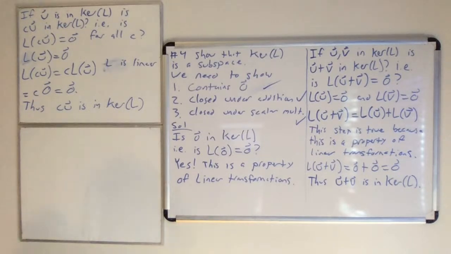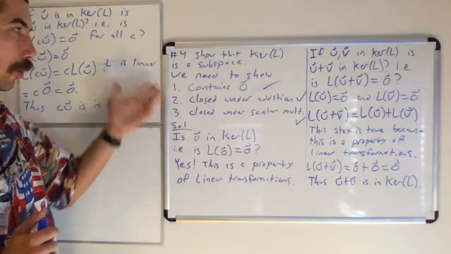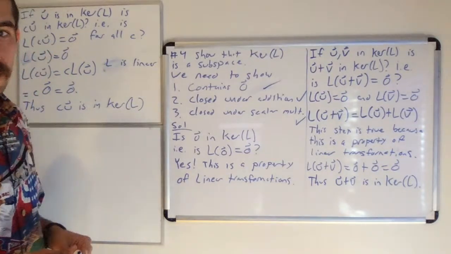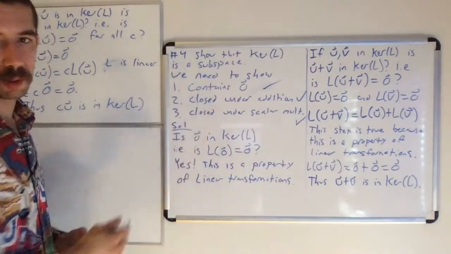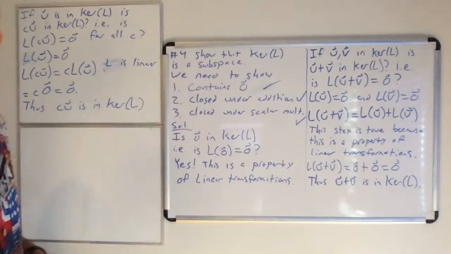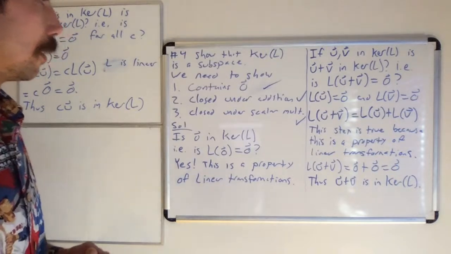Any thoughts or questions or reactions to this proof? If you had a question that was like, show that something is a subspace, you can just make sure you can check off the three boxes.